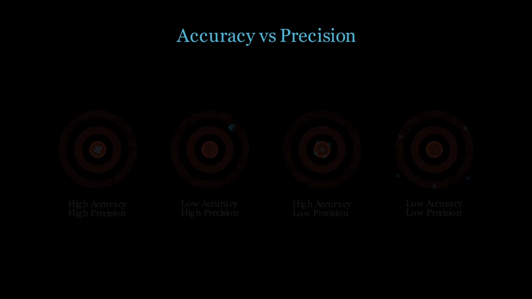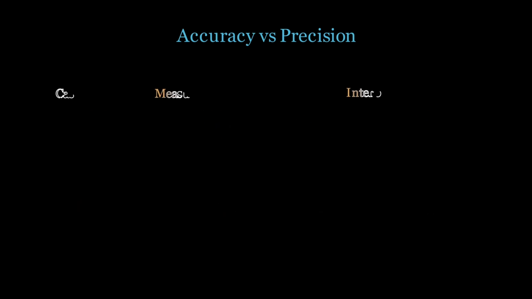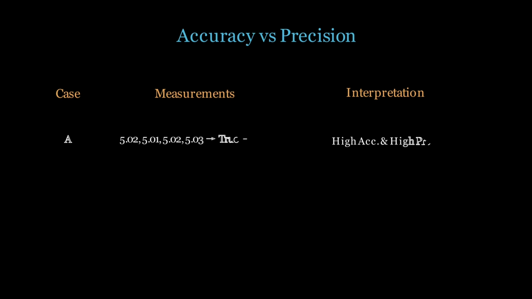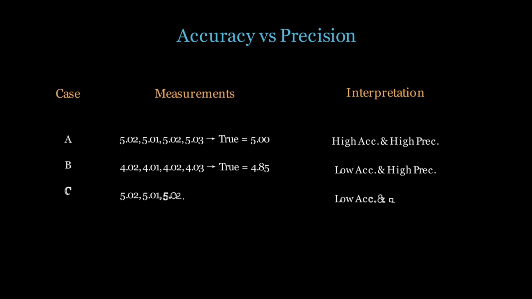In fact, let's take a few numerical examples and see if we can figure out correctly. So in the first case, we see that the measured values are very close to the true value as well as precise. So both accuracy and precision are high. In the second case, while the precision is high, accuracy is low as the value is far off from the true value.